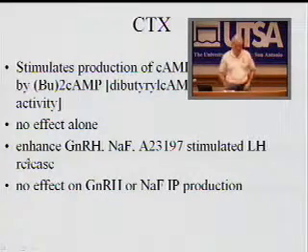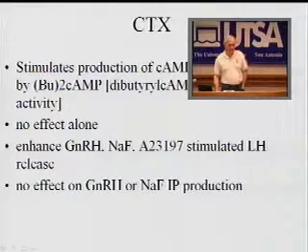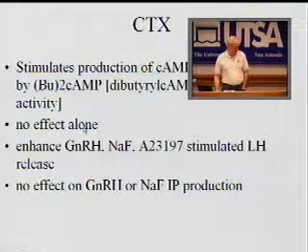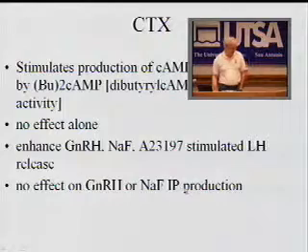So this means that the cholera toxin alone, activation of the cyclic AMP alone, did not have a significant enough effect to induce LH release. But it did enhance these other means of stimulating the LH release. So there's no effect on the GnRH or the sodium fluoride IP production, however.